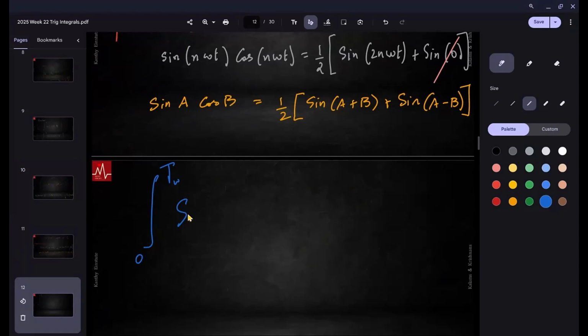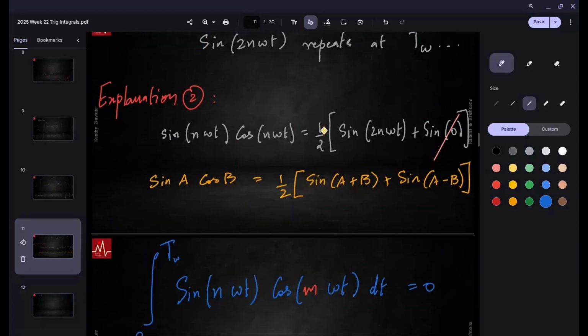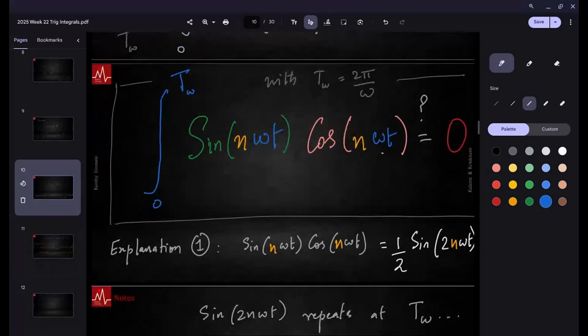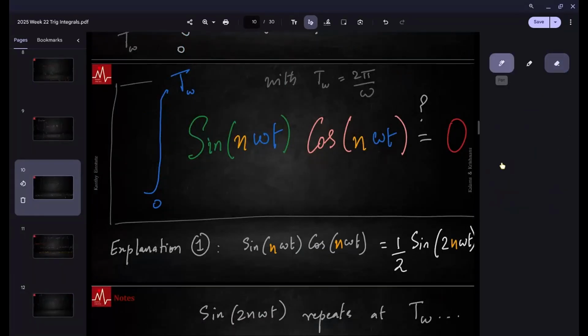Sine of n omega t cos of m omega t. Hey, n is an integer. Okay. Integer n, and m is an integer too.